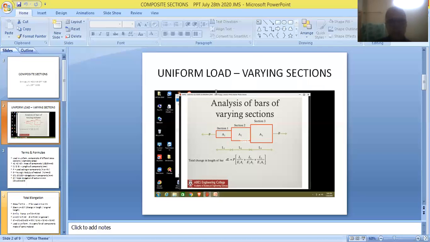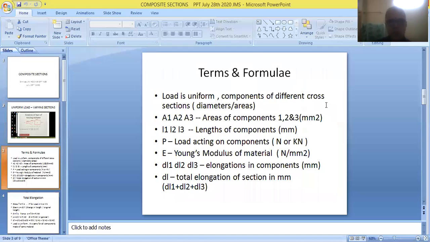So load is uniform and components are of different cross sections, in the sense, different diameters, different areas, or different dimensions. So A1, A2, A3, as mentioned in the previous figure, represent the areas of the first, second, and third components. A1 for the first component, and so on.